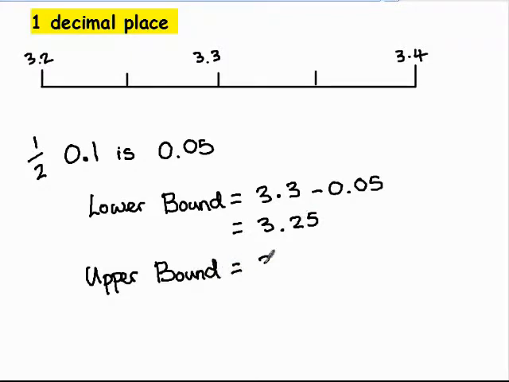It's going to be 3.3, and this time we're going to add on 0.05. Which gives us an answer of 3.35 as the highest possible number that could have been rounded to give us 3.3. Remembering it's actually 3.349999 recurring.